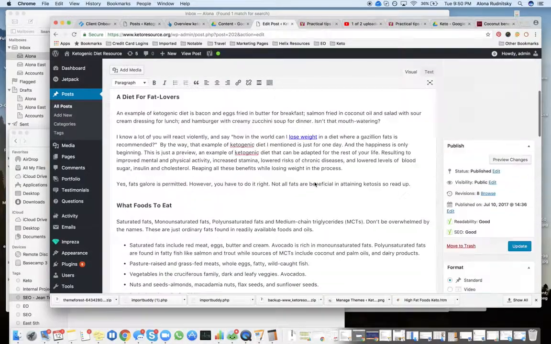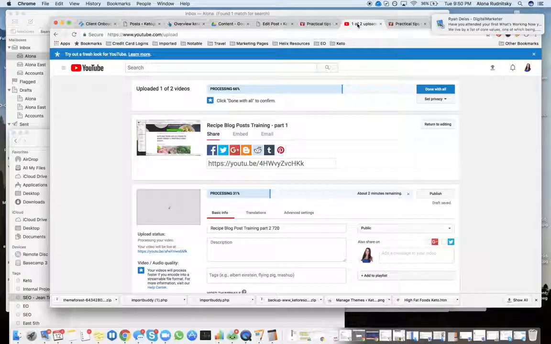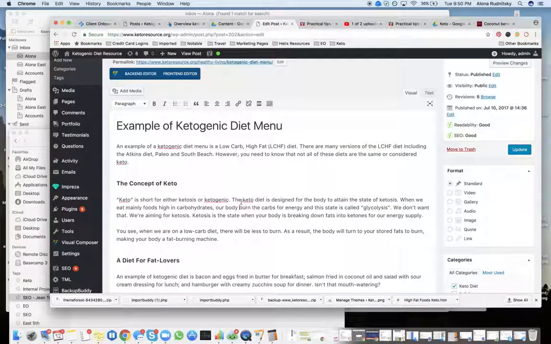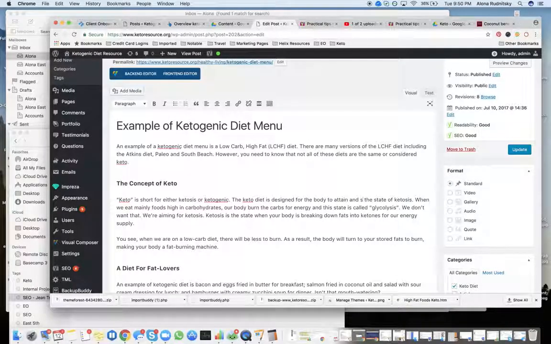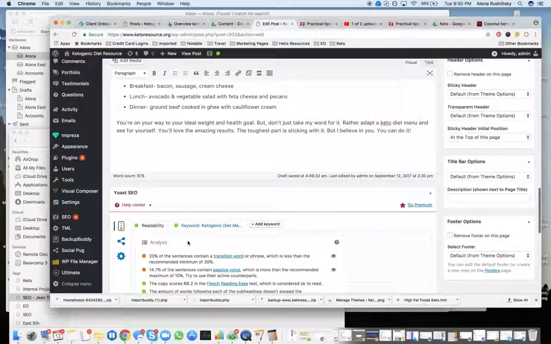Okay. Keto is short for either ketosis or ketogenic. The keto diet is designed for the body to attain and stay in the state of ketosis. So that should have gone up. So now we added one more.